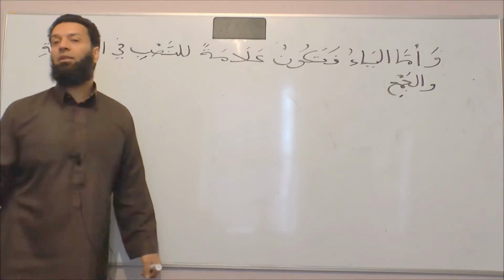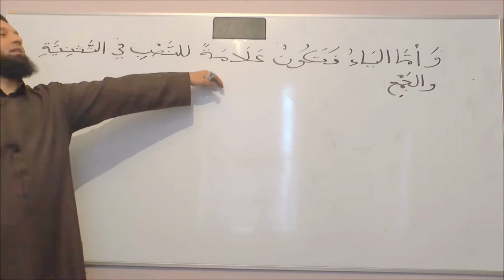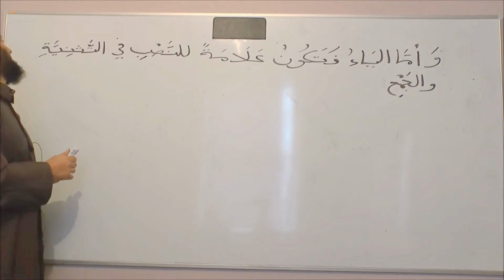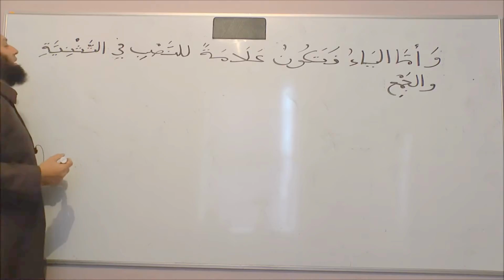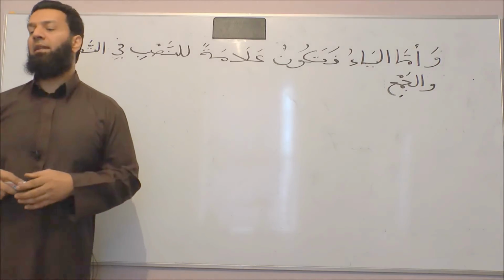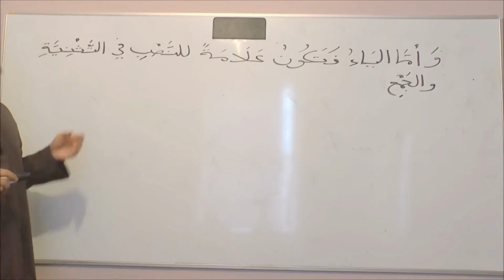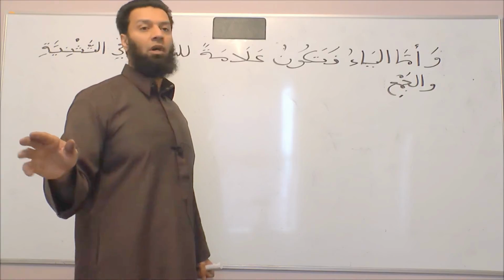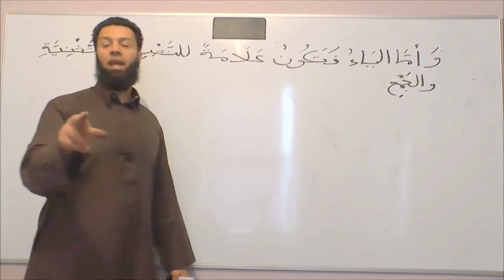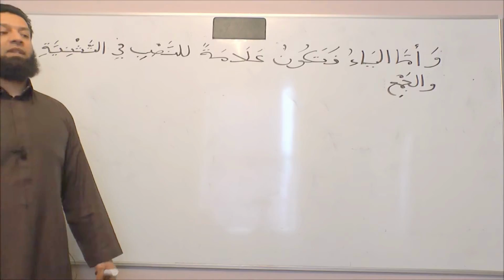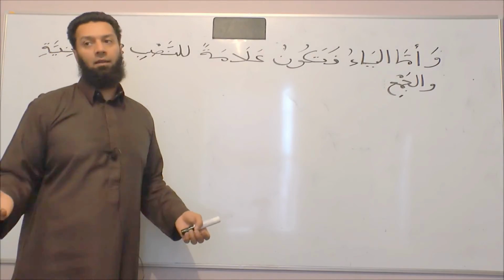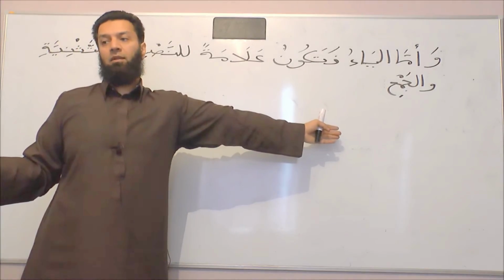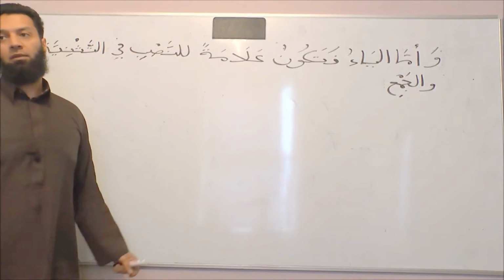So as for al-ya'u, then it will be an indicator للنصب for the mansubun state في التثنية والجمع. التثنية means the dual, not the ya of calling like ya Muhammad. المثنى, في التثنية meaning in duality, والجمع, and that which is plural.